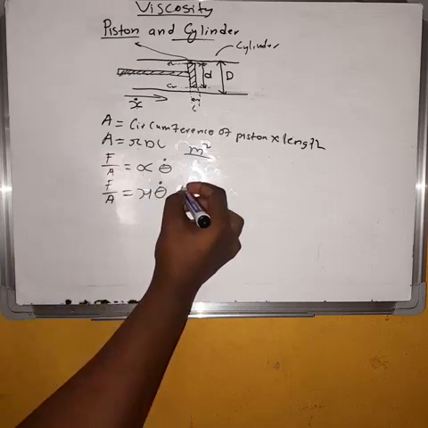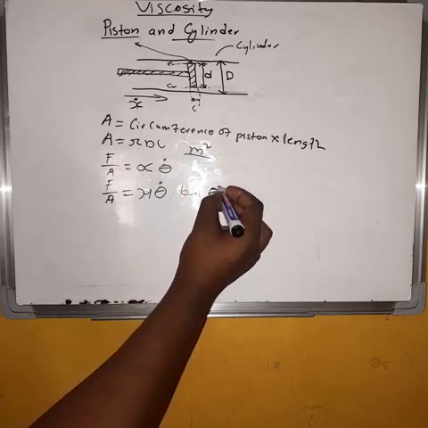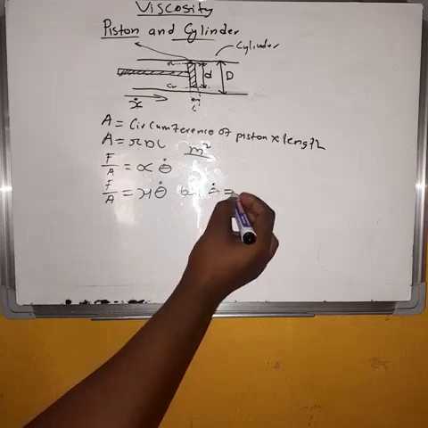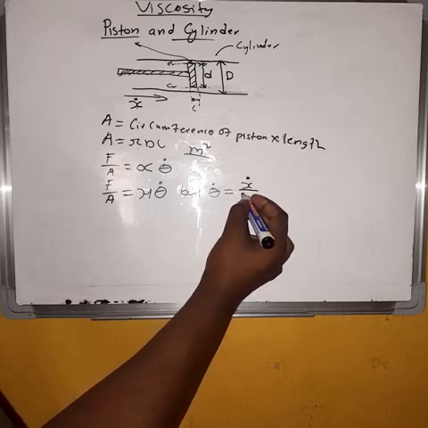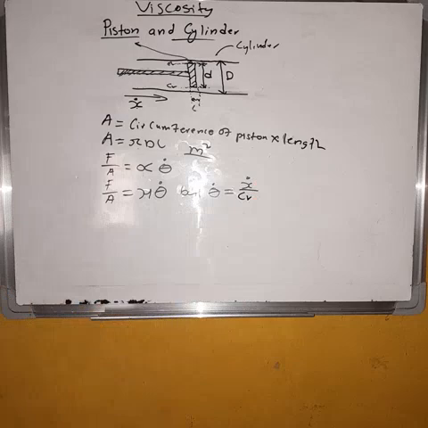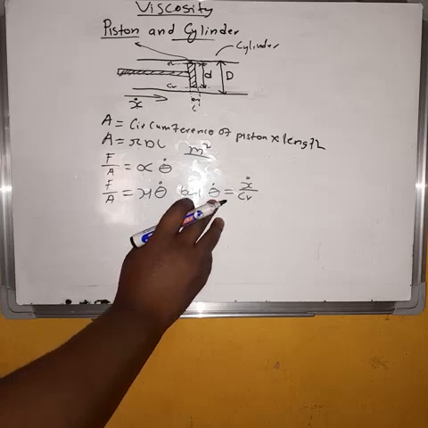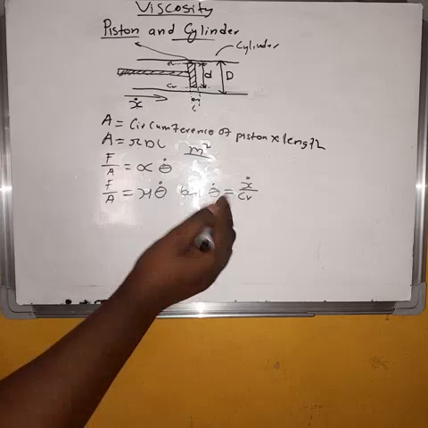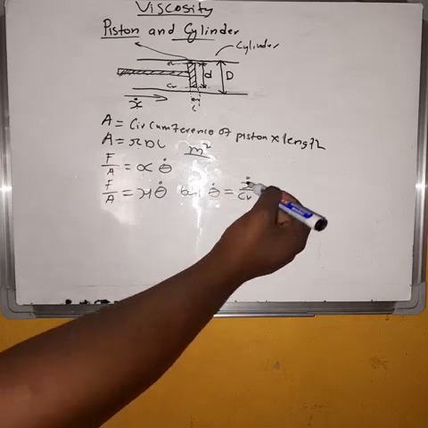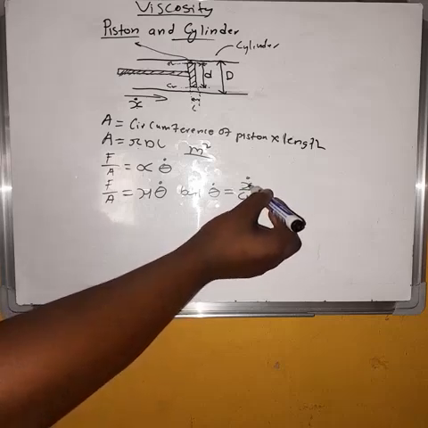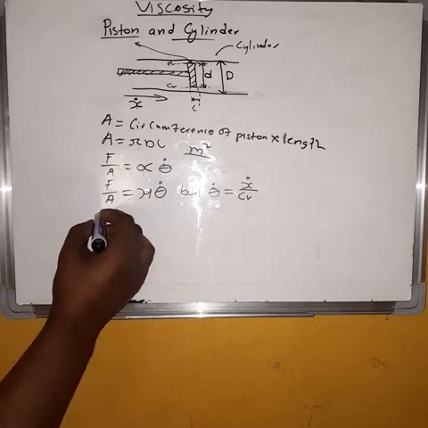But the rate of shear strain, theta with a dot on top, is calculated by velocity divided by clearance.